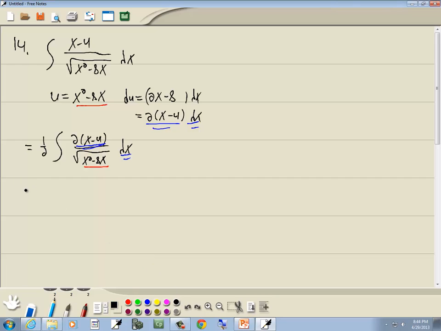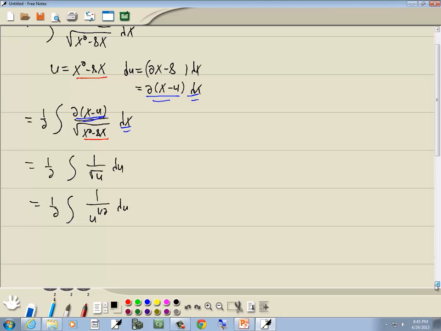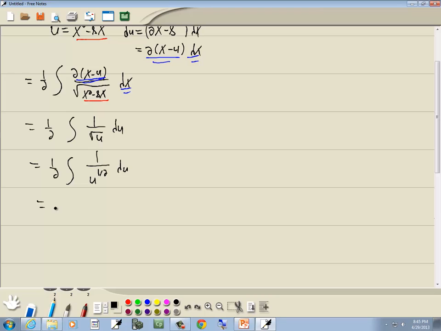So everything's accounted for, so this becomes 1/2 integral of 1 over the square root of u du, which we can rewrite as u to the 1/2 in the denominator, and taking that up on top, it becomes u to the negative 1/2 du.